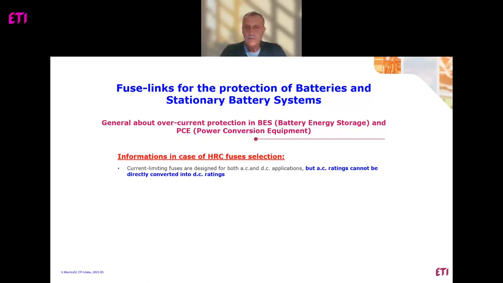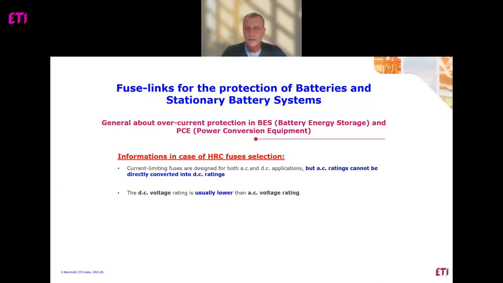Usually, current limiting fuses are designed for DC and AC voltages, but AC ratings cannot be directly converted into DC rating. What does it mean? It means that the AC voltage of one fuse is not comparable with the DC voltage of the same fuse.